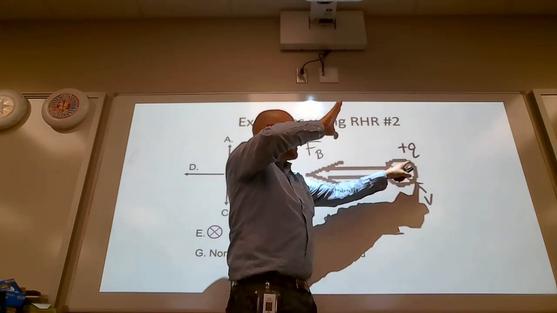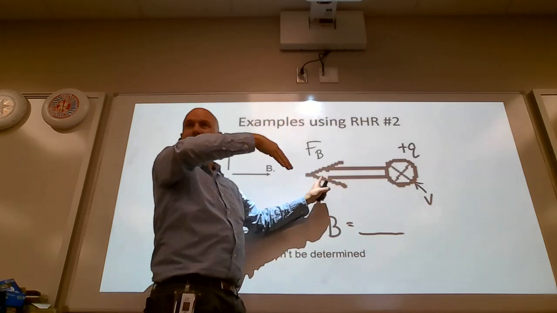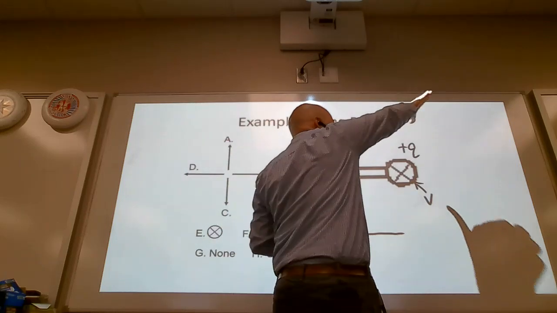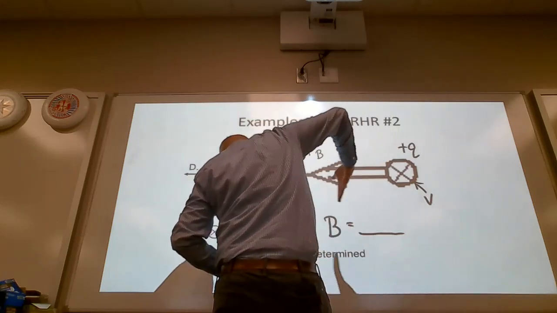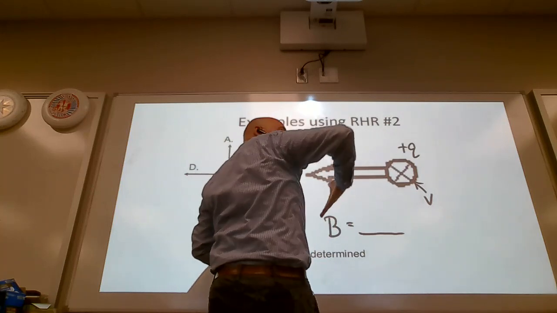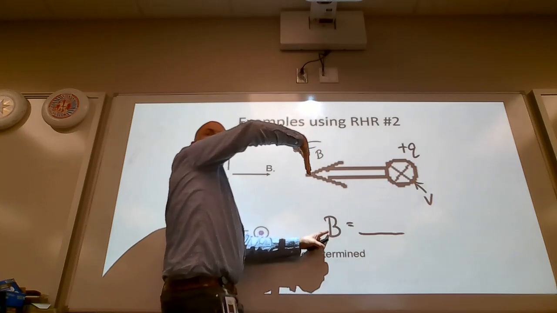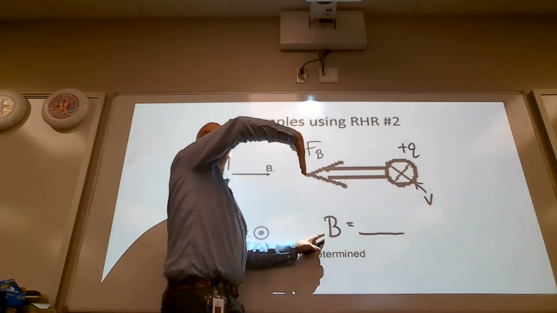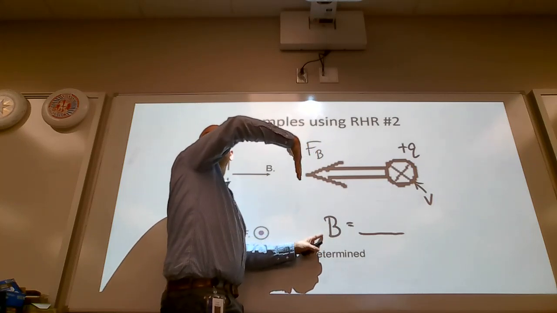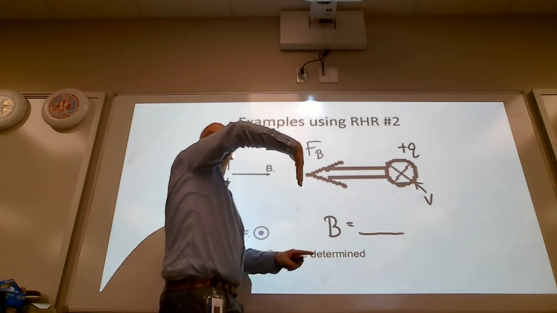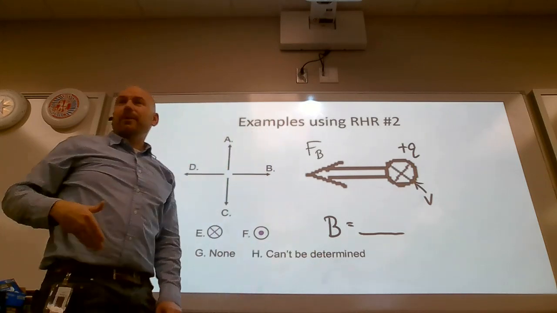So what part of your hand corresponds with this? Your palm. So you rotate it until your palm is going to the left. And now your magnetic field corresponds with what? Fingers. So your fingers are going which way? Down. See how that works?